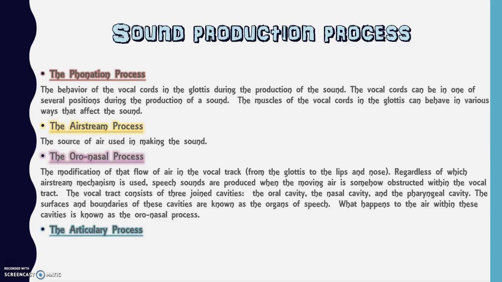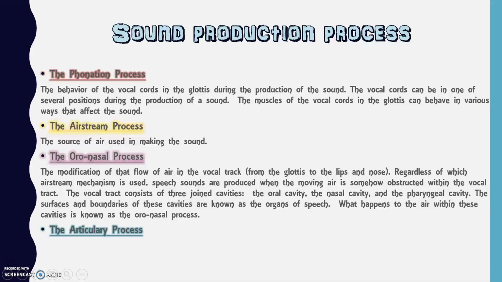The vocal tract consists of three joint cavities: the oral cavity, the nasal cavity, and the pharyngeal cavity. The surfaces and boundaries of these cavities are known as the organs of speech. What happens to the air within these cavities is known as the oronasal process.